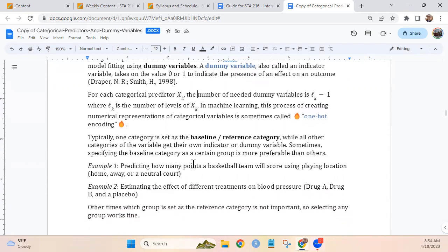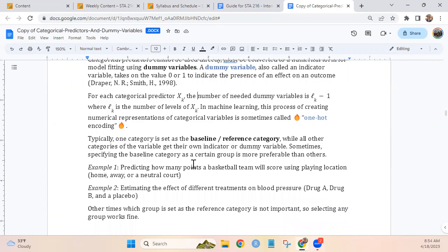So when we make these dummy variables, because you have 1 less dummy variable than the number of categories, there's 1 category such that all the dummies are equal to 0. The one that's implied when all the dummies are saying, nope, not that group. And that's what we call the baseline or reference category. So it's the one that does not get its own indicator or dummy variable.